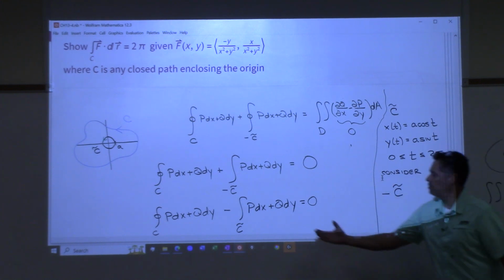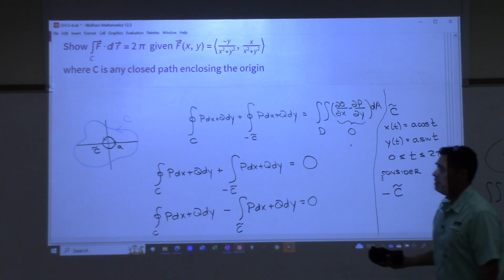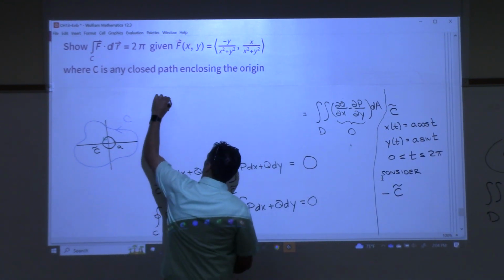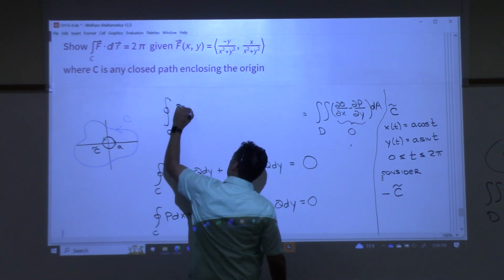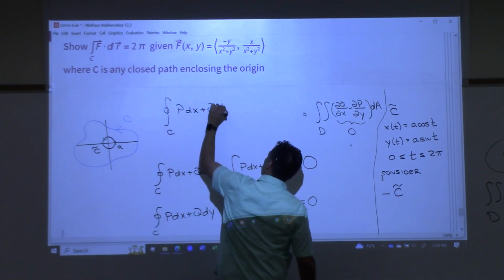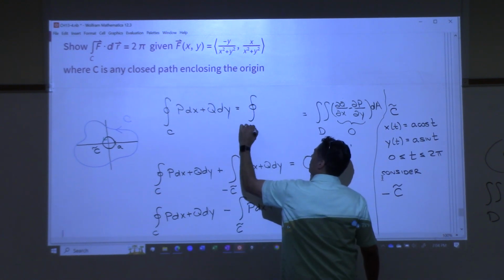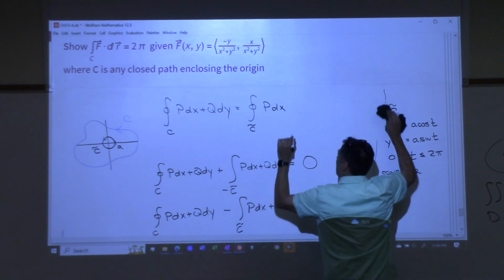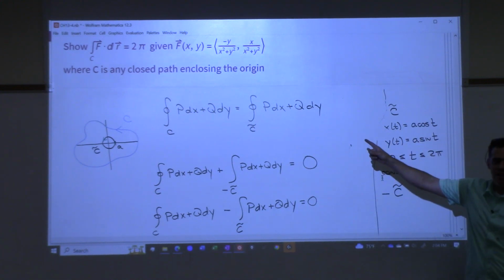Now move this integral to the other side, and we have the following very nice thing: the line integral over C of P dx plus Q dy must be equal to the line integral over C tilde of P dx plus Q dy, which is telling us what?